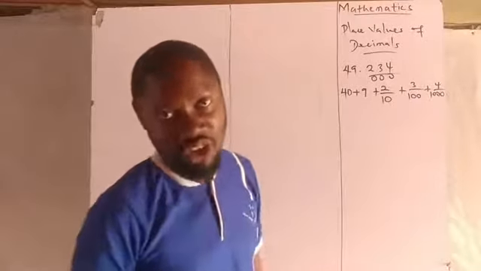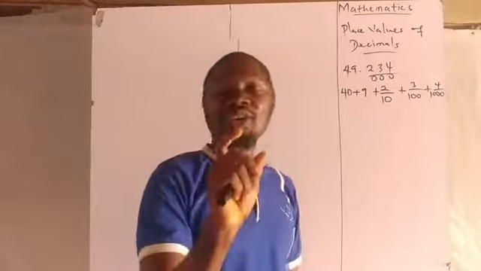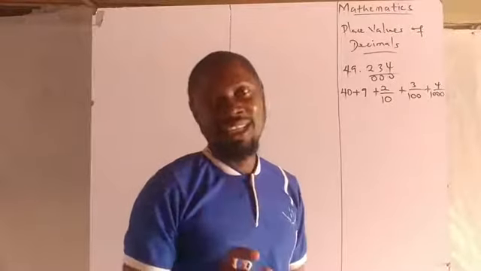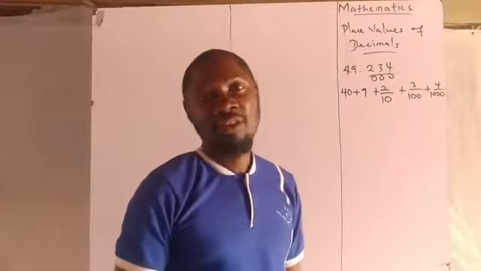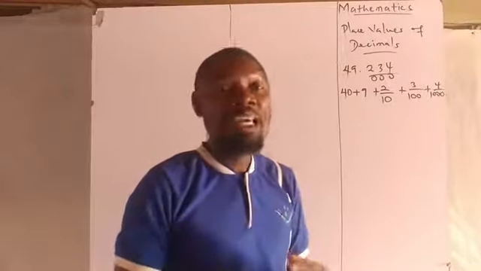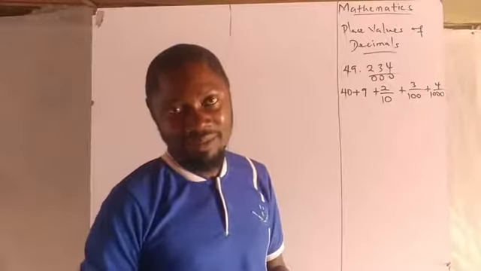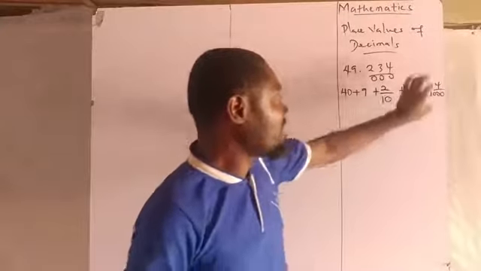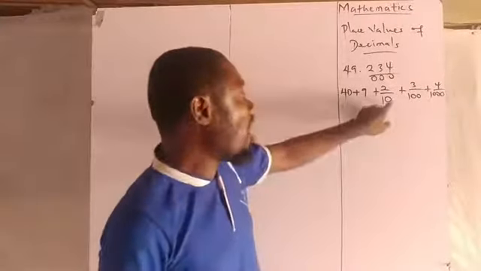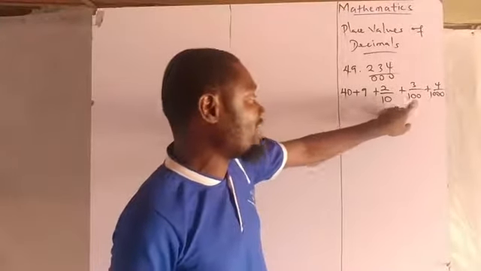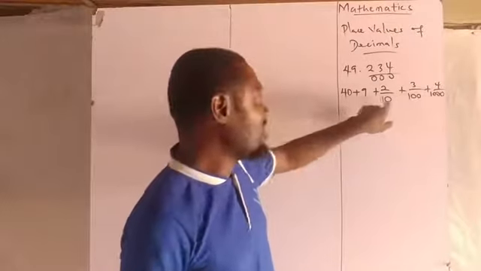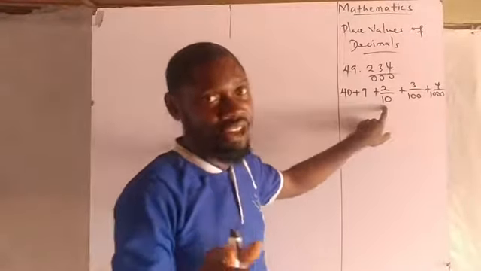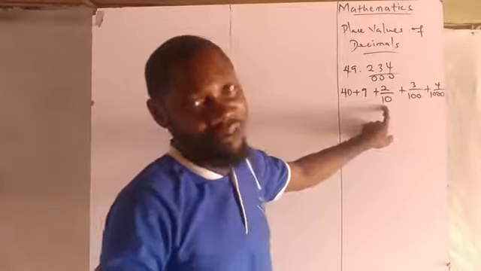You've been taught fractions. Now you see the importance of why you were taught fractions, because you apply this concept in other aspects of mathematics. This is a fraction, this is a fraction, this is a fraction. But the down number, or denominator, here is 10, here is 100, here is 1,000. This is 10, but because it is a fraction, I will add TH to it.